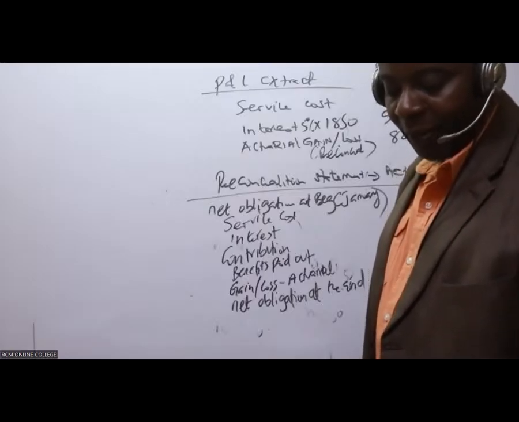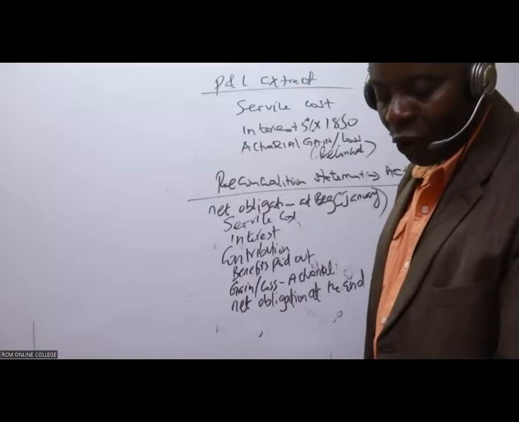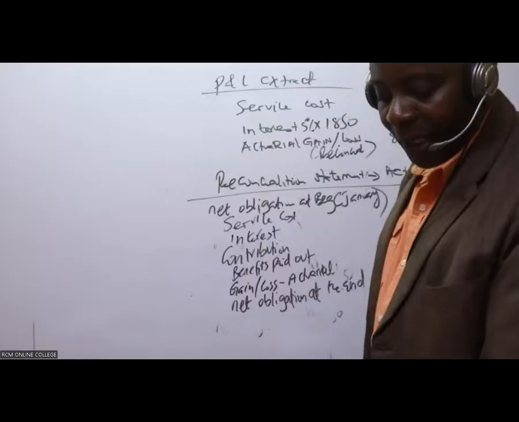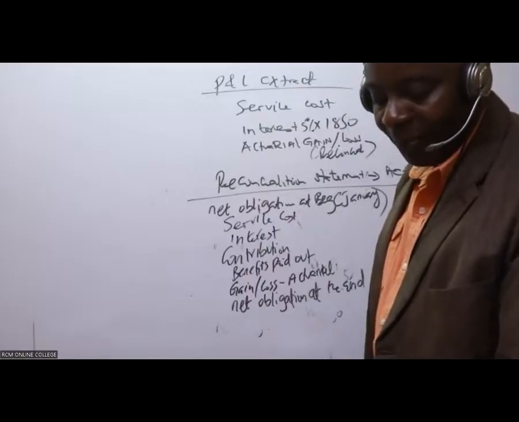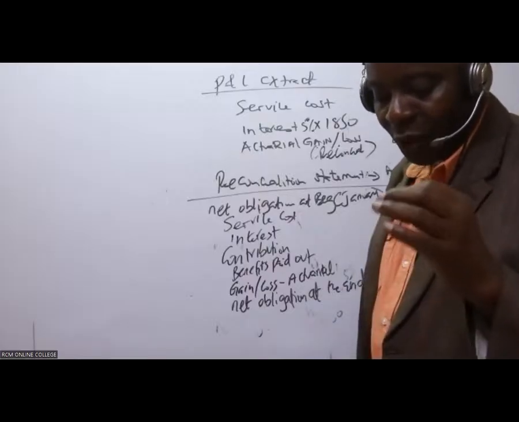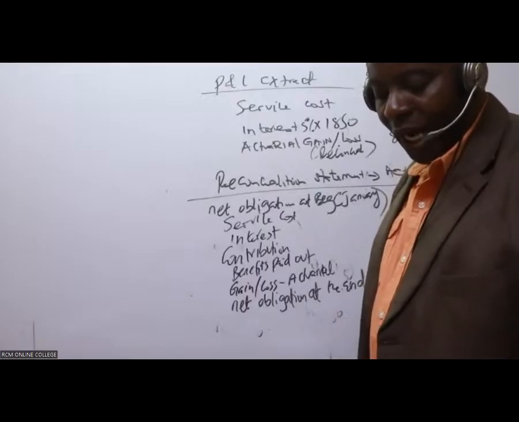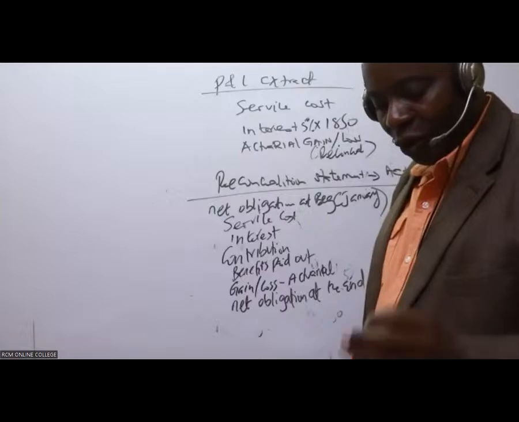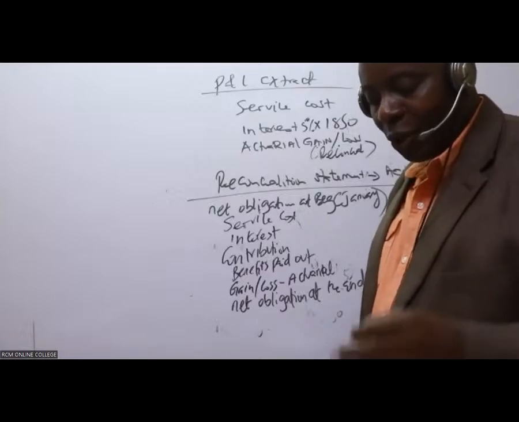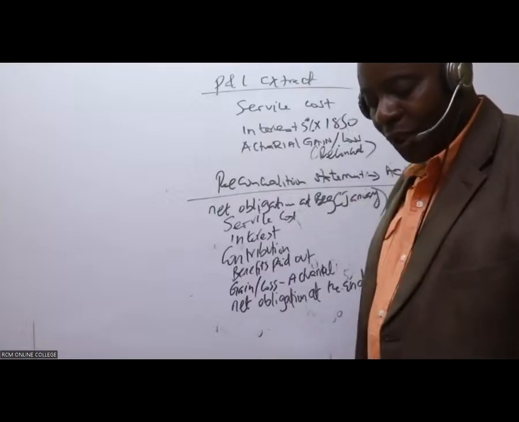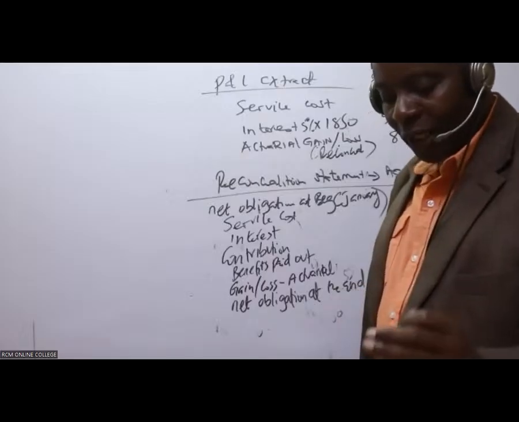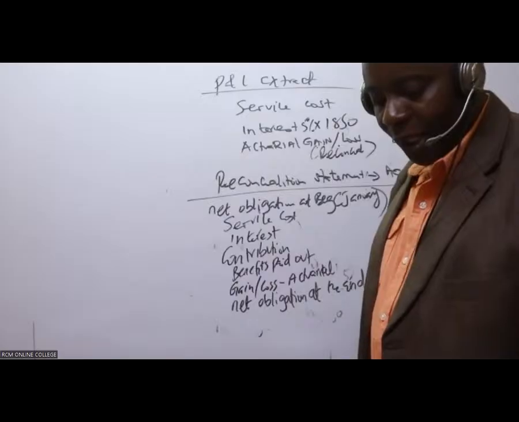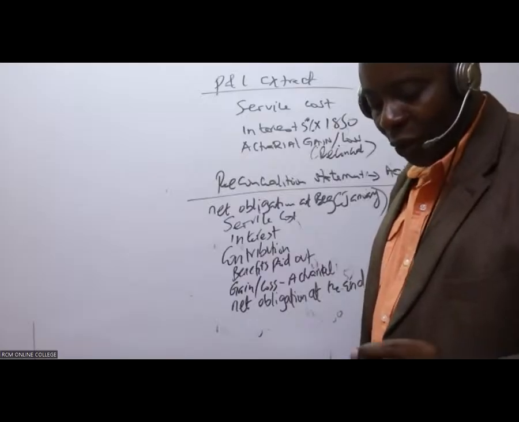Benefits paid are the amounts paid out of the plan assets to retired employees during the period. These payments do not affect the net defined benefit plan, as they reduce both the plan obligation and the plan assets. The remeasurement component, actuarial gain or loss, is charged or credited to other comprehensive income for the period, and classified under items that will not be recycled.